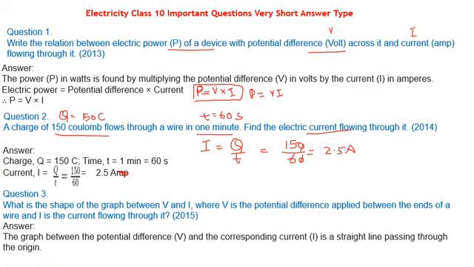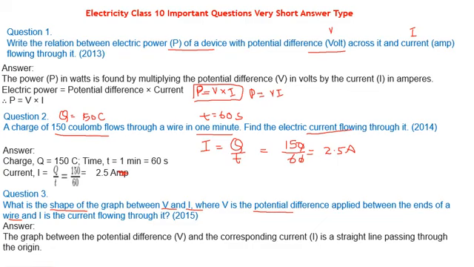Okay, now coming to question number 3. They have asked the shape of a graph between V and I, where V is a potential difference applied between the ends of the wire and I is the current flowing through it. According to Ohm's law, if the voltage difference across the wire is more, there will be a more amount of current flowing through it.